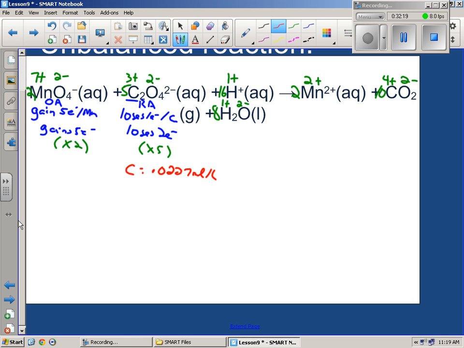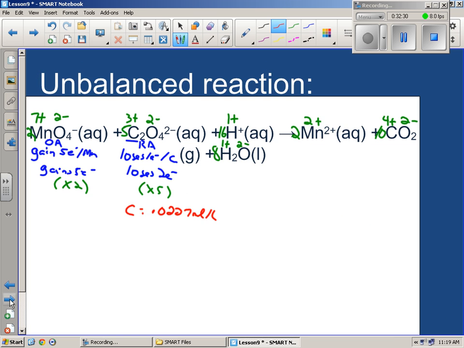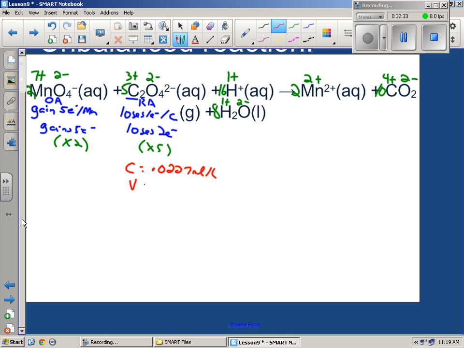No, that's the C2O4. Sorry, C2O4. That comes from the original question. So if you look back at the question here, guys, I'm picking this stuff out of here. And of course, I have 10 milliliters of it as well, by the way. So I'm going to put that here as well, 10 milliliters.